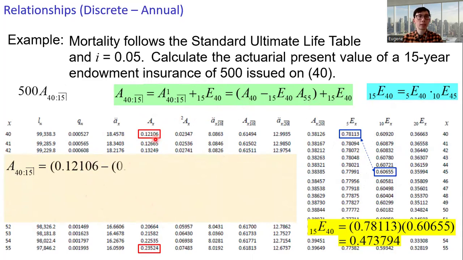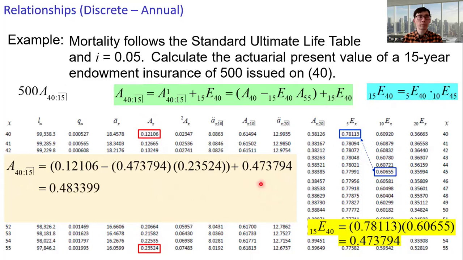A40, and then minus 15E40 times A55, and then plus 15E40. And we get this 15-year endowment insurance, 0.483399. And then we need to take 500 times this quantity, and we get the answer, 241.7.